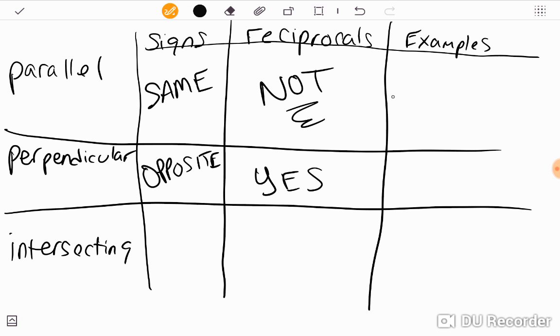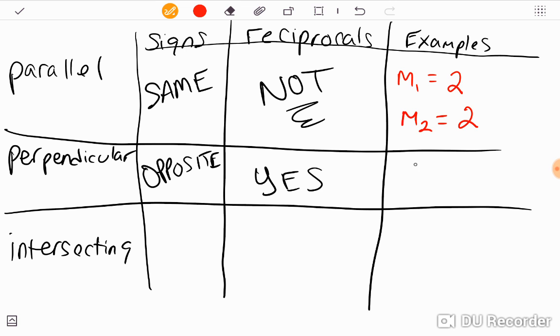Okay? Some examples of this are, let me change the color so it stands out a little bit. So over here we'll say slope 1 is 2. So if parallel lines are exactly the same, that means slope 2 is also going to be 2. Perpendicular. Remember, with perpendicular, everything is flipped.